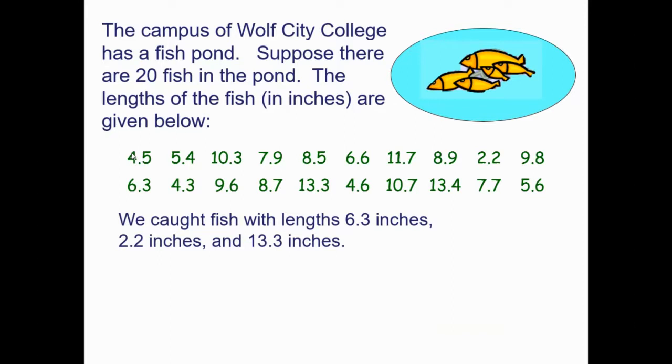How could I find the average length here? Add them all together and divide by 3. So I can say that X bar is equal to 6.3 plus 2.2 plus 13.3 all divided by 3.